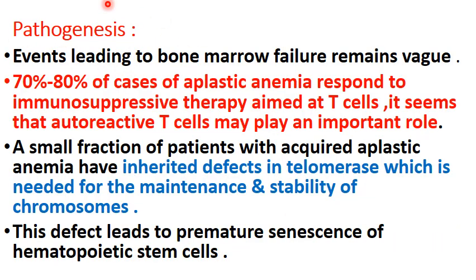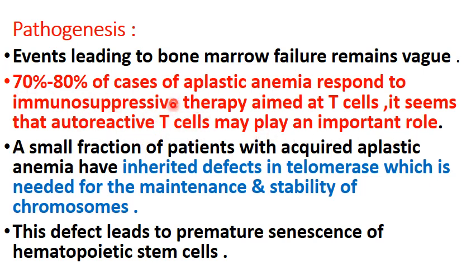Pathogenesis. The events that lead to the bone marrow failure remain vague. 70 to 80% of the cases with aplastic anemia respond to immune suppressive therapy aimed at T cells. So that means that autoreactive T cells may play an important role.